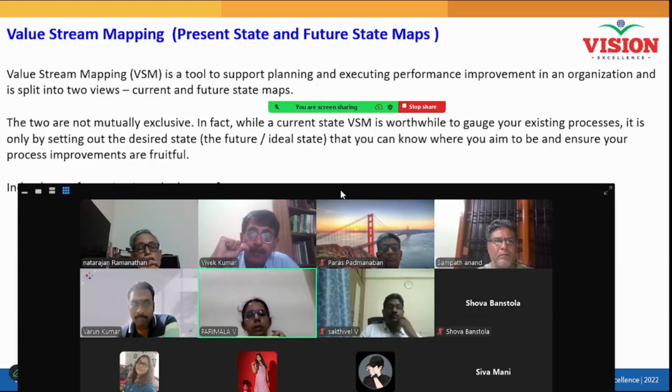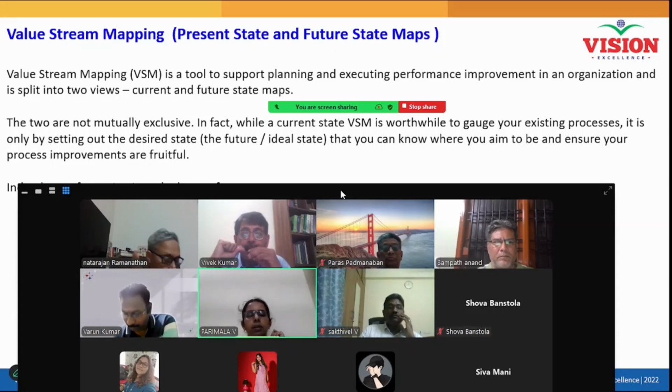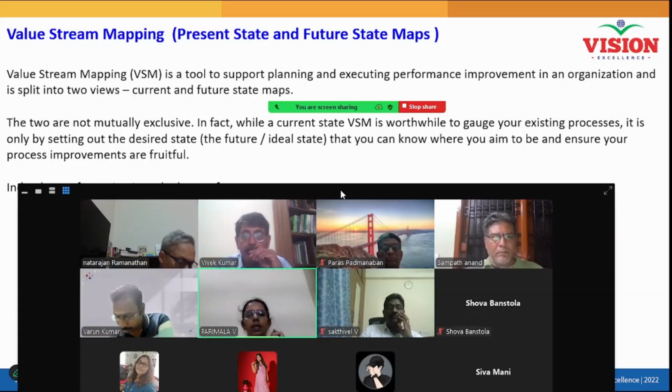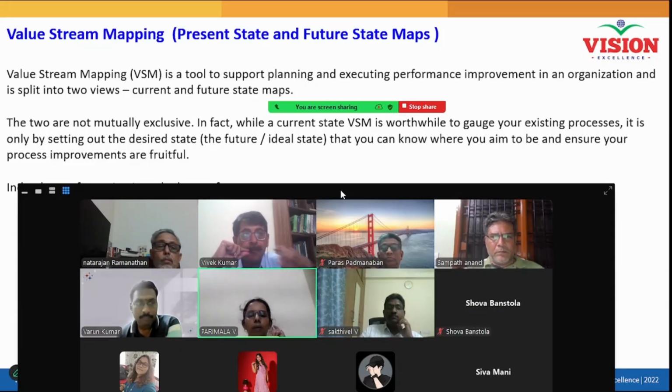Value stream mapping, present state and future state maps. Value stream mapping, VSM, is a tool to support planning in an organization and is split into two views, current and future state maps. Next, the two are not mutually exclusive.